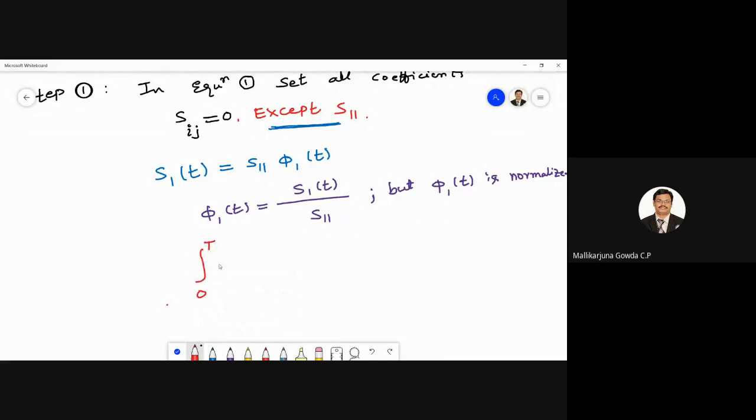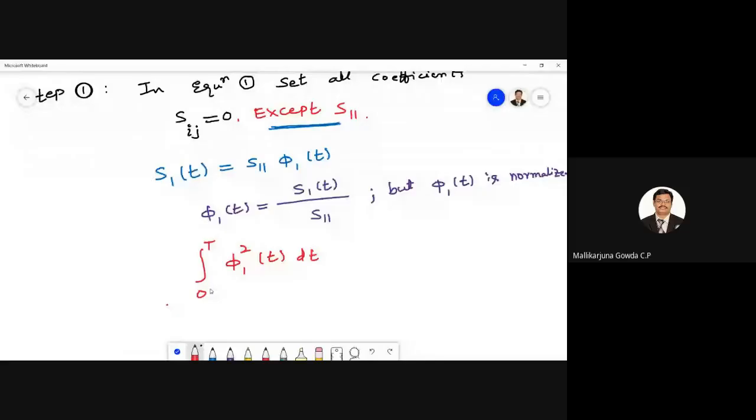Since i is 1 and j is 1, that is phi 1 of t into phi 1 of t dt, or phi 1 square of t dt.